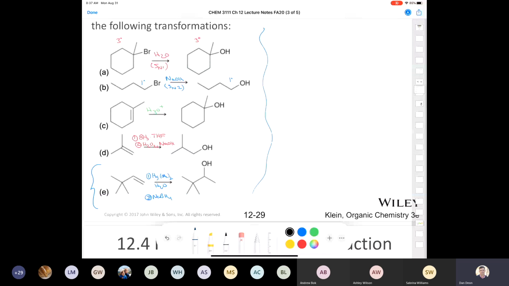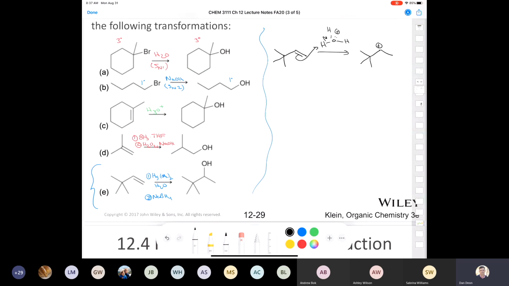Just so that we're on the same page, this is the last bit of review that I'll do on carbocations rearranging. What would happen if you were to take that alkene and treat it with H3O+? You should always be on top of your mechanism like this. We would end up with a proton transfer, and we would produce this carbocation.